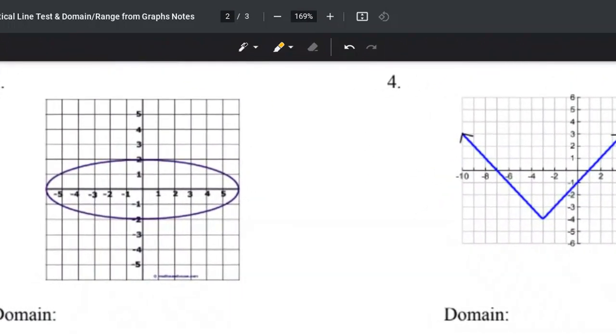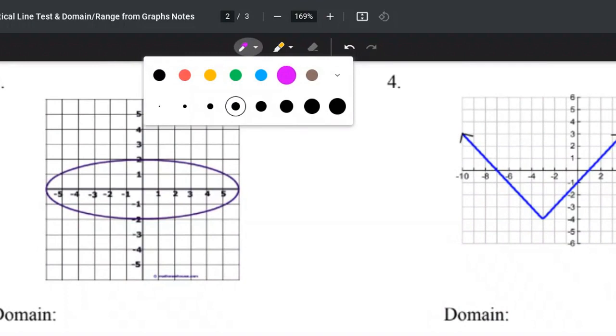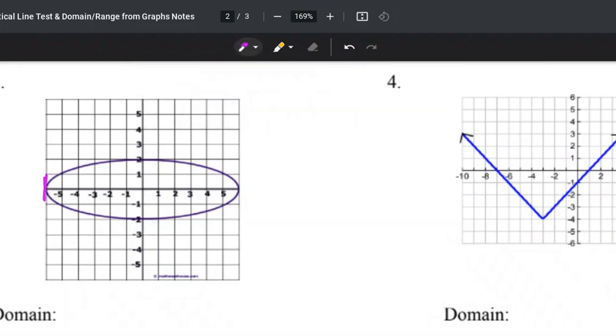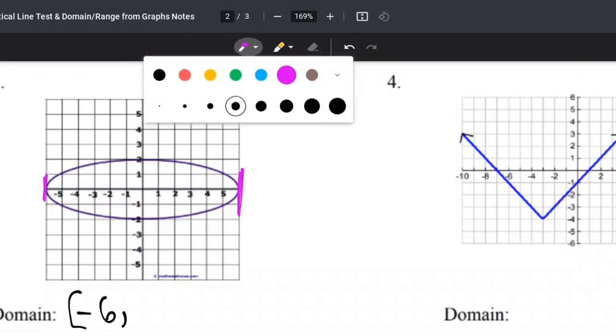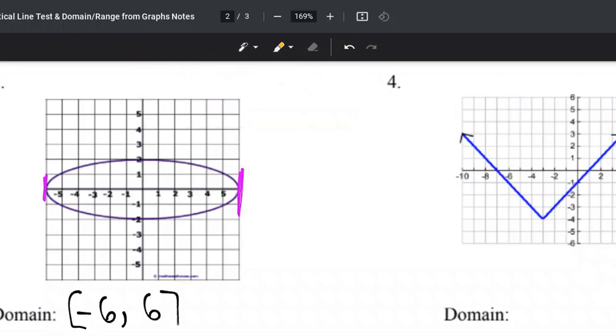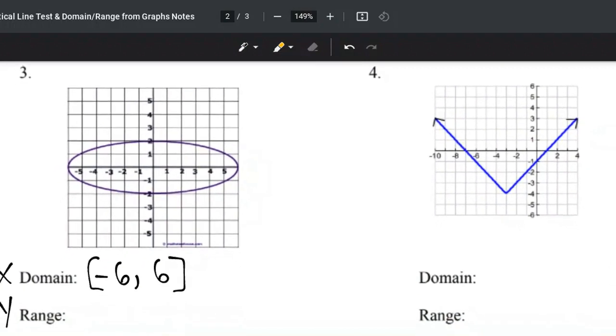Let's check out example 3. For our domain, it's for our x values. How far left does the graph go? It goes here to negative 6, bracket, negative 6. How far right does the graph go? Here to positive 6. And then for our range, we're looking at our y values, and we're always checking how far down does the graph go.